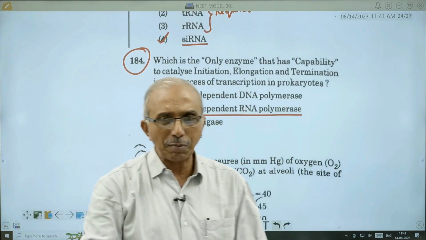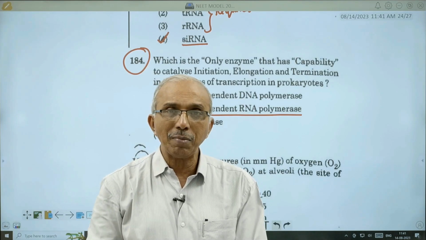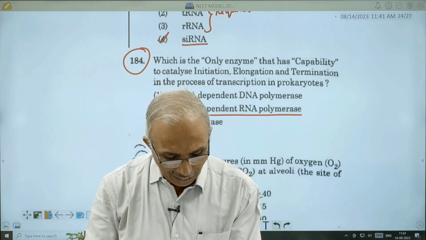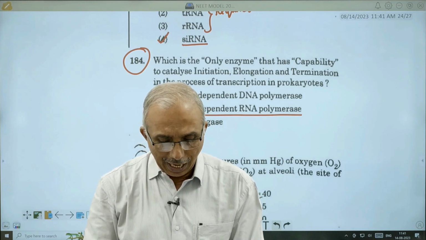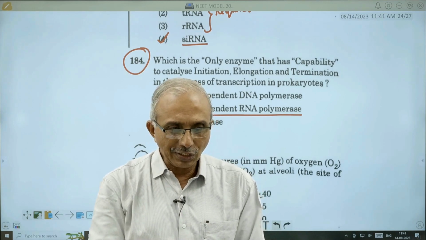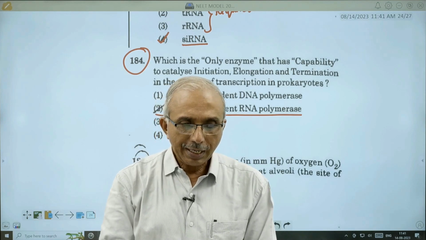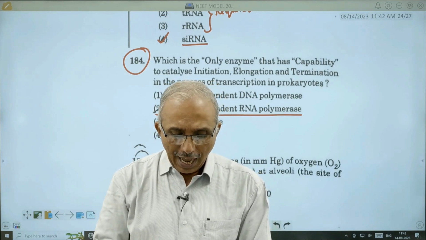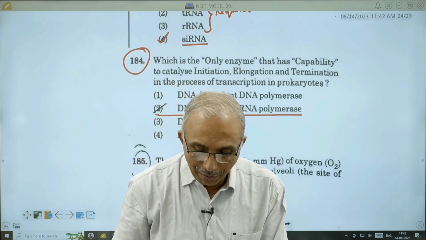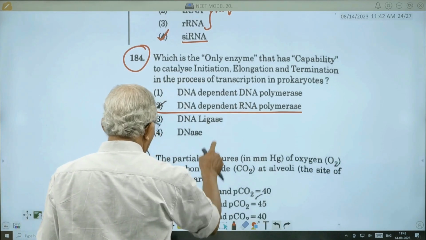During transcription, RNA polymerase can do all these things: initiation, elongation and termination. All these 3 activities can be done by RNA polymerase. Then 186.